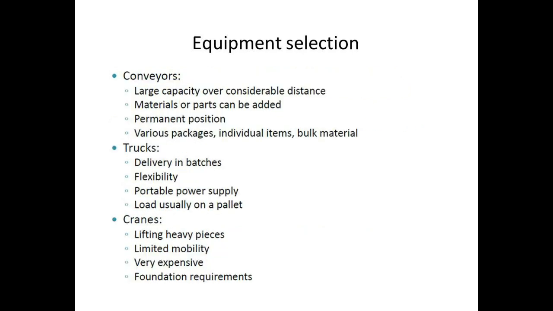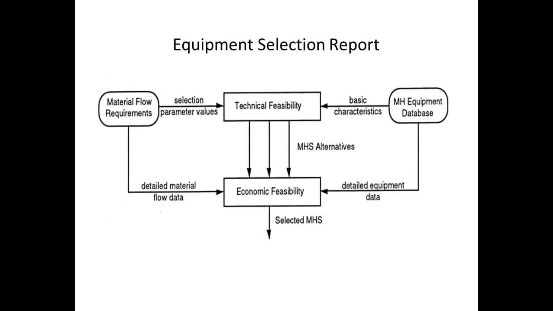So for the equipment selection in material handling, we are using conveyors, trucks, cranes, and we have to choose these based on this model. First, your material flow requirement, that is what is the load of the material you are dealing with. Then the technical feasibility, which comes with the working envelope, its maintenance, the people required to supervise, and the space the machine uses.